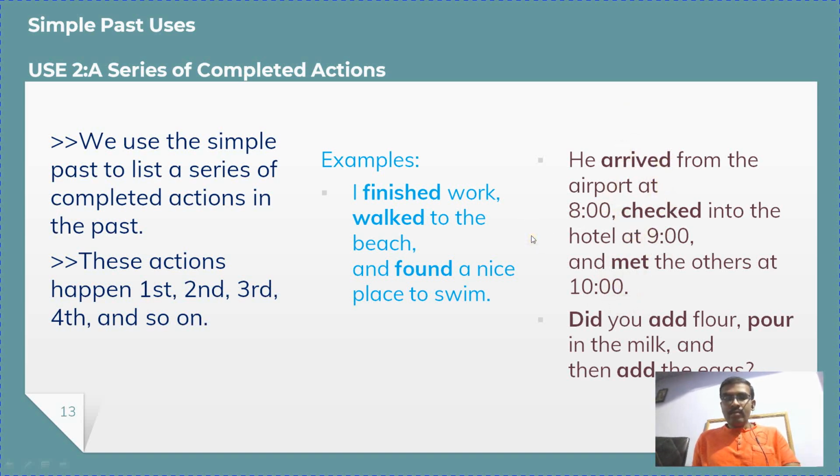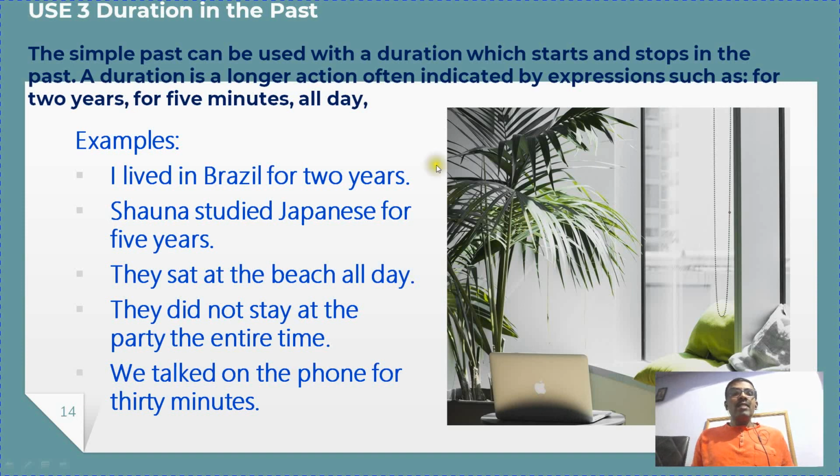Okay. The next slide gives the details of duration in the past under the uses of the simple past tense. Duration in the past. The simple past can be used with a duration which starts and stops in the past. A duration is a longer action, often indicated by expressions such as for 2 years, for 5 minutes, all day.